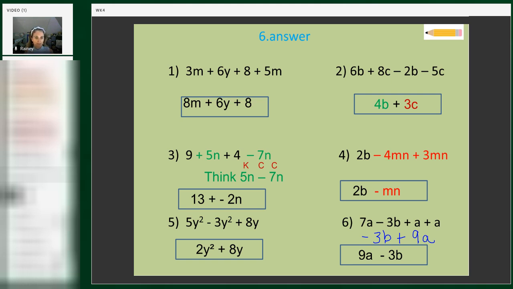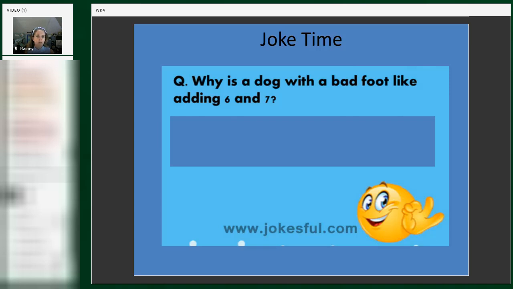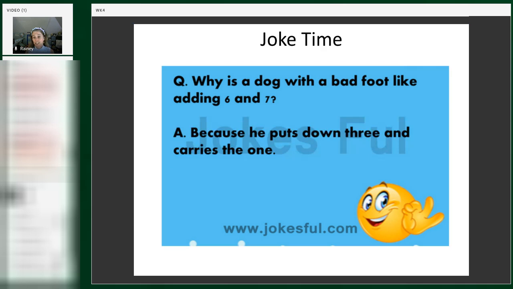First, I have a joke for you. A cartoon, something funny. Why is a dog with a bad foot like adding 6 and 7? It's really kind of silly. Good guess, Alicia.